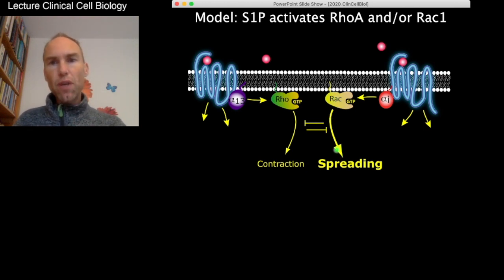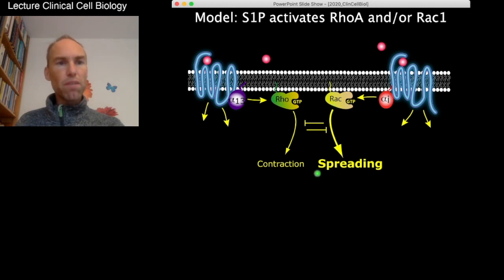And in the case of sphingosine 1-phosphate, both these pathways operate at the same time. The net result is spreading, but we also have a little bit of this going on. But the net balance, because this pathway is activated stronger, is cell spreading.